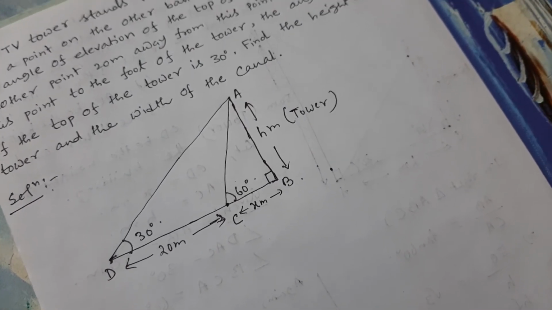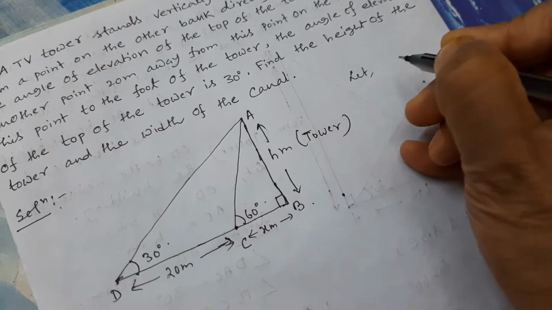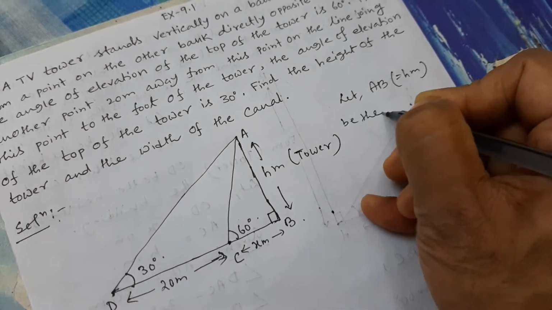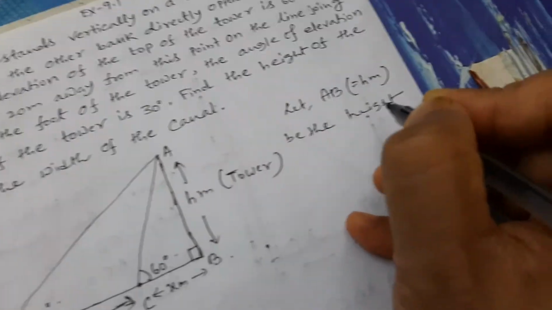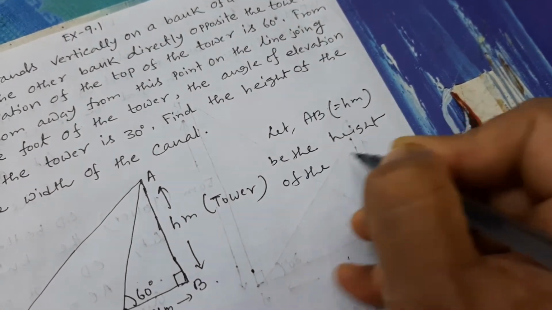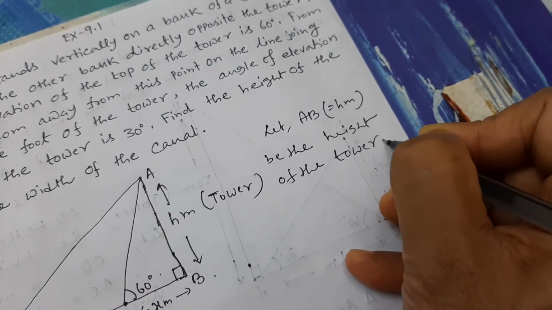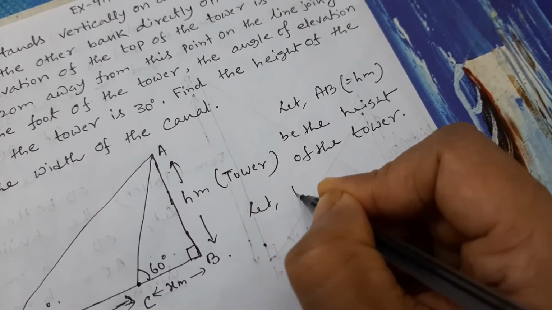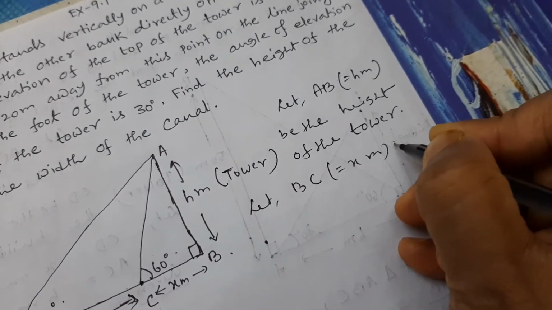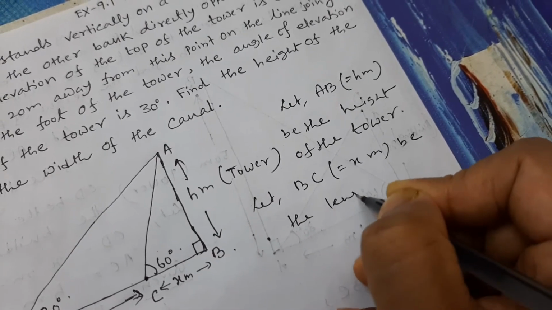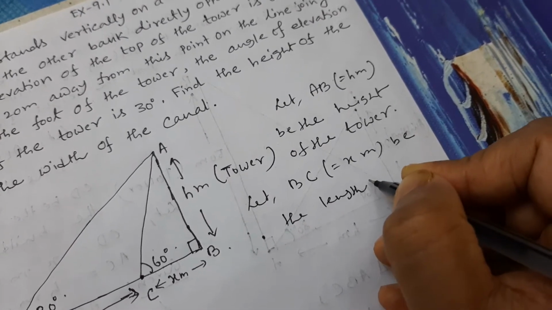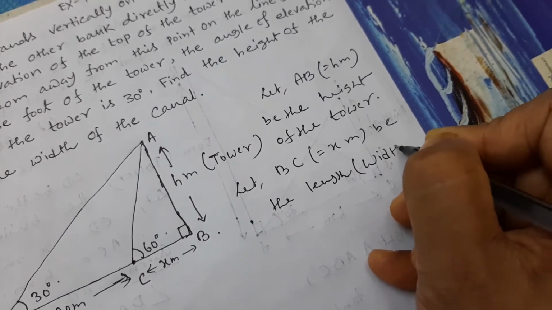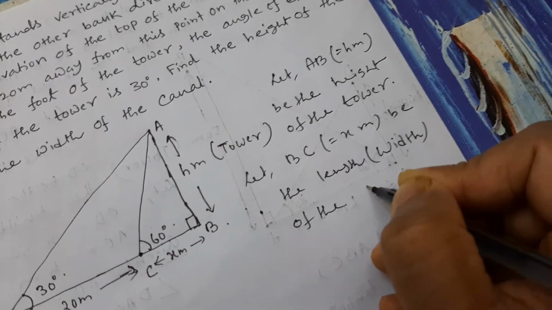Okay, so let AB taken h meter be the height of the tower, and let BC equal to x meter be the length, or that is, it is given here in the question, width of the canal.